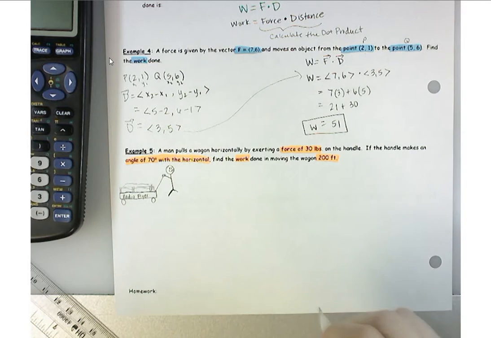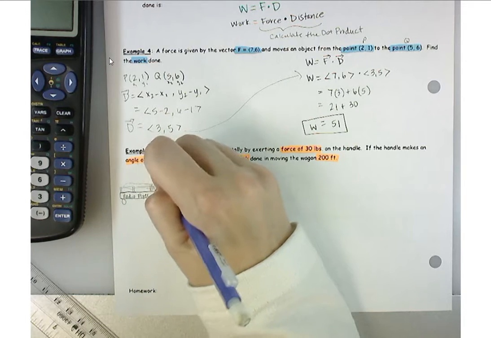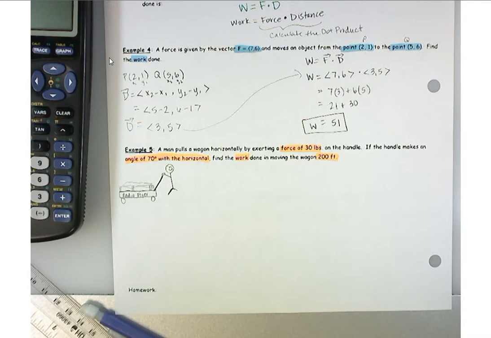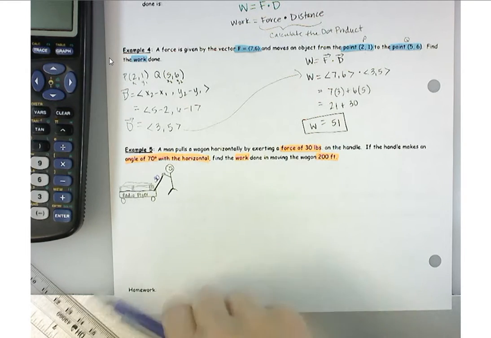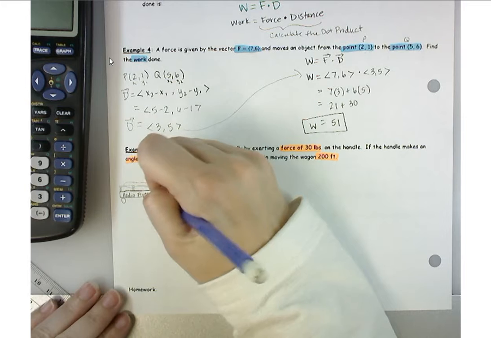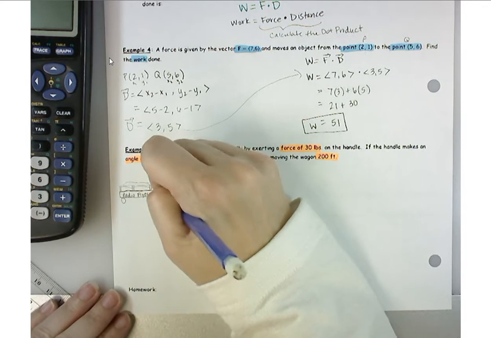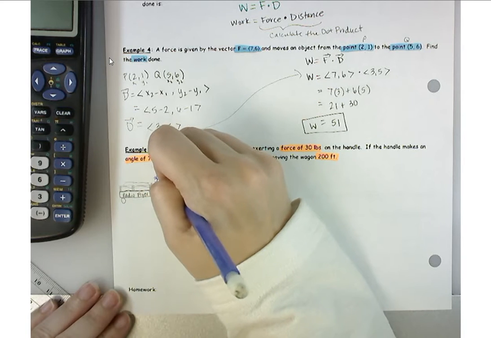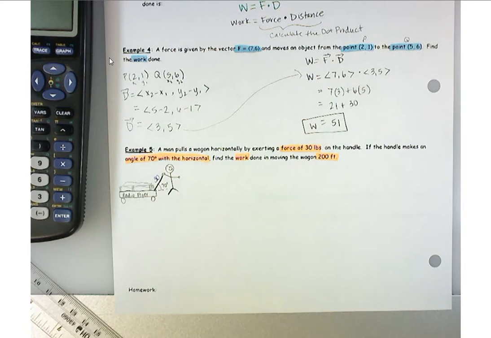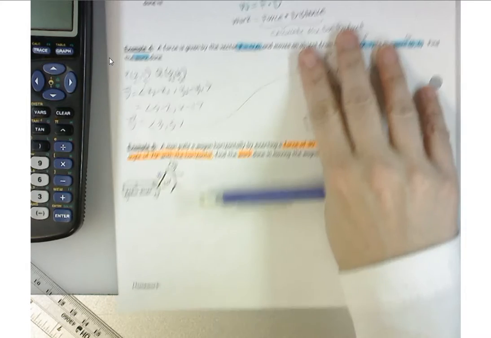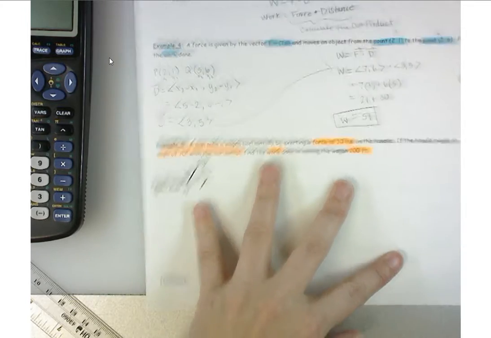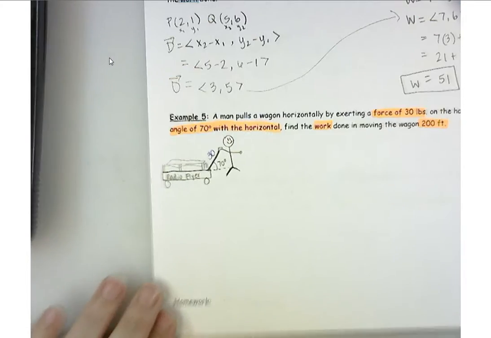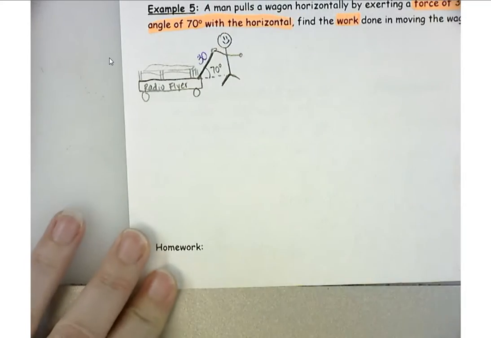Yeah. Okay, so the force that's on the handle is the 30 pounds. And then that's going to make an angle of 70 degrees with the horizontal. But he's pulling it. Okay, now what we're going to do here is we're going to put this on the coordinate grid. So remember that your distance is going to have to be on a straight line.